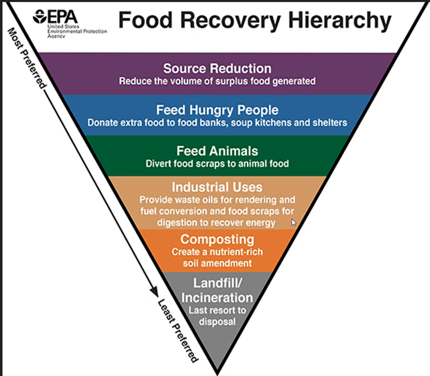Industrial uses means you can set up a new supply chain that supplies energy based on the food scraps, or that makes use of food scraps to work.